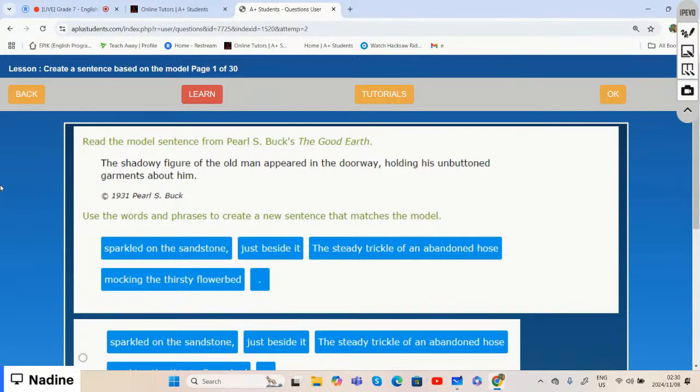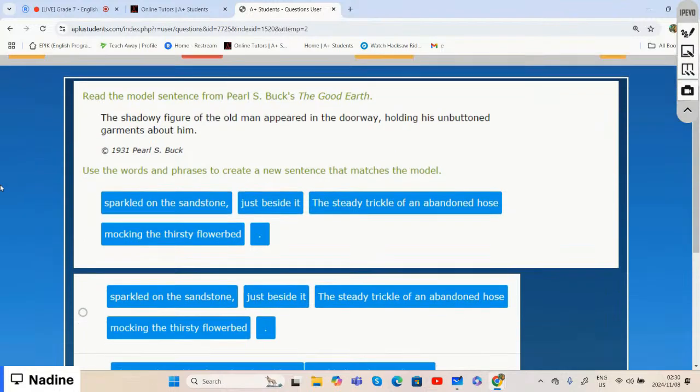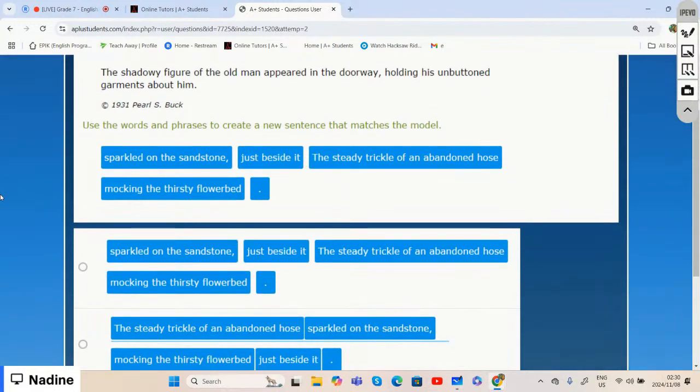We now need to, based on that model sentence, put these words in order, and put the words and the phrases together to create a new sentence that matches that model.